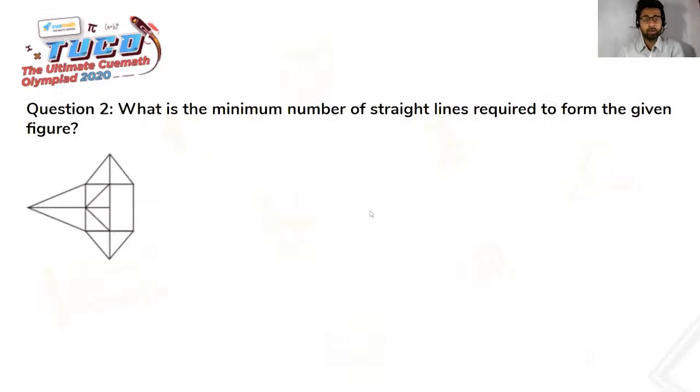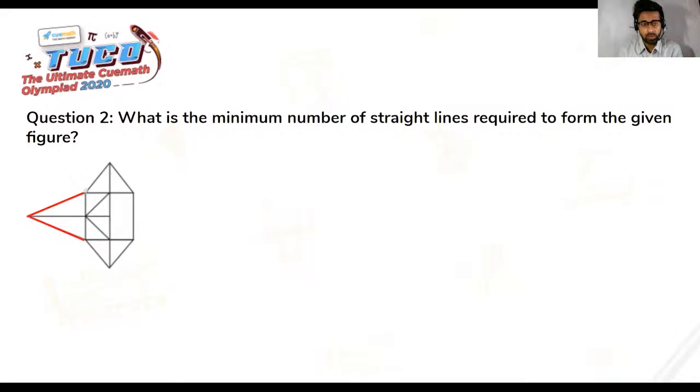Again, we have a question in which we need to find out the minimum number of straight lines. Again, we'll try to find out the number of straight lines we need to form the boundary. I have 1, I have 2, I have 3, 4, 5, 6, 7, isn't it? Let's jot that down. 7 of them make up the boundary.